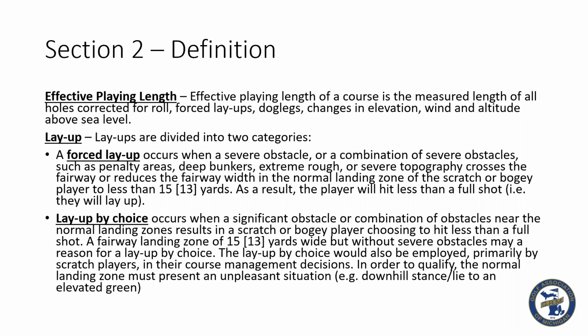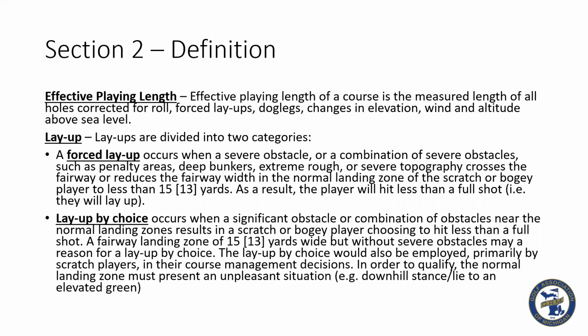So when we do these effective playing length corrections, we really want to make sure we have the pluses and minuses in the right place, because if we don't, that has a pretty negative impact on the outcome of the rating. And some of them are more intuitive than others in terms of the pluses and minuses, and others confuse people. But when we go over certain ones here, we'll get into that: when to use a plus, when to use a minus, etc.